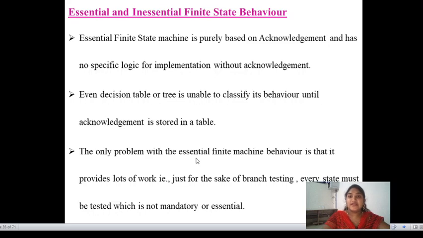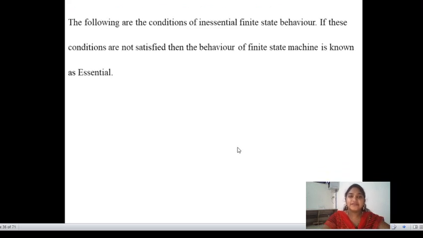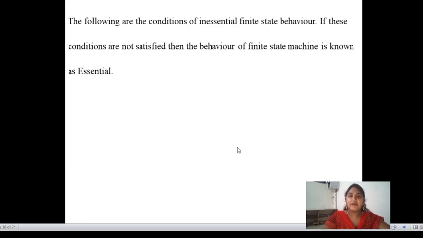Essential finite state machine behavior provides a lot of work just for the sake of branch testing. Every state must be tested, which is not mandatory or essential. So this is one of the ways to define testability tips. Now we'll see some of the conditions of inessential final state behavior.